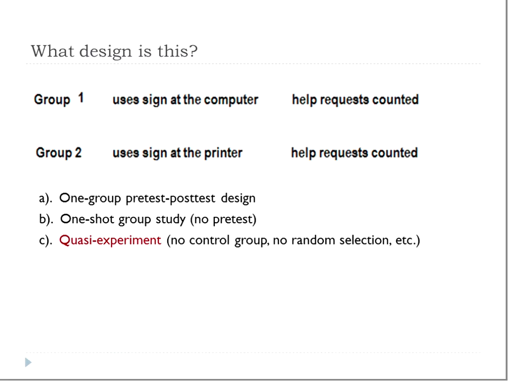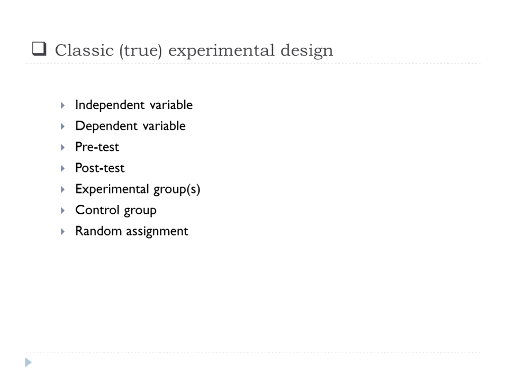So you're losing control of the conditions that you want to try and get the same when you're doing an experiment with 2 groups. You're losing control in a quasi-experiment. Quasi-experiments come in very handy when you want to conduct an experiment in a real situation rather than in a lab.